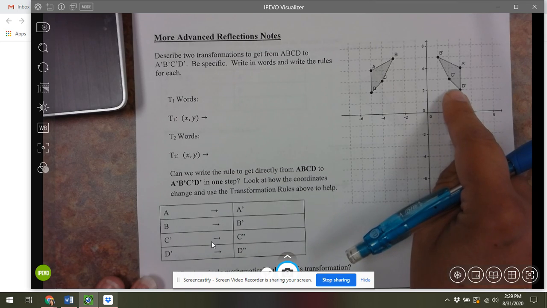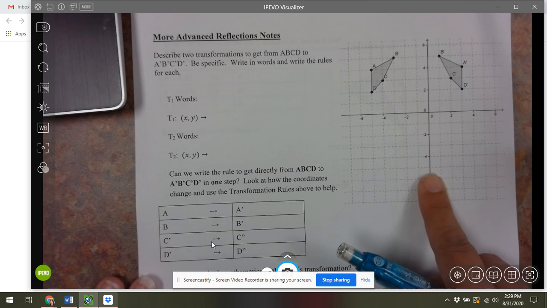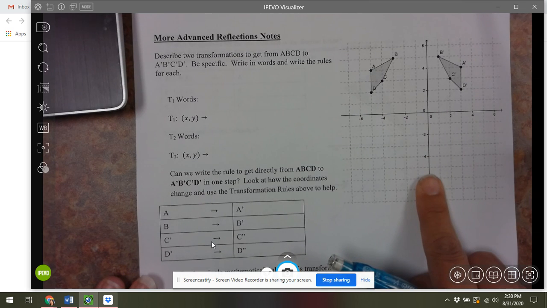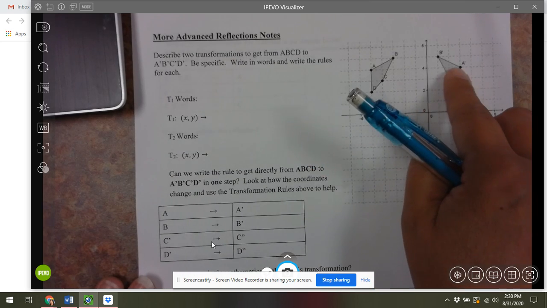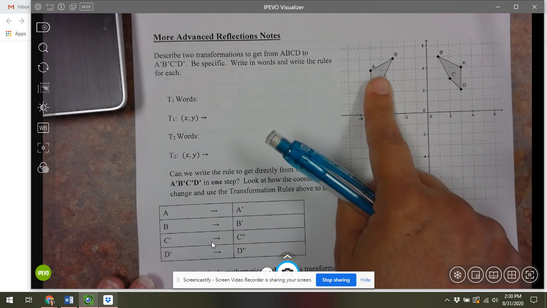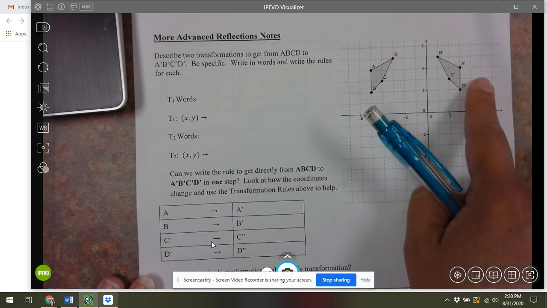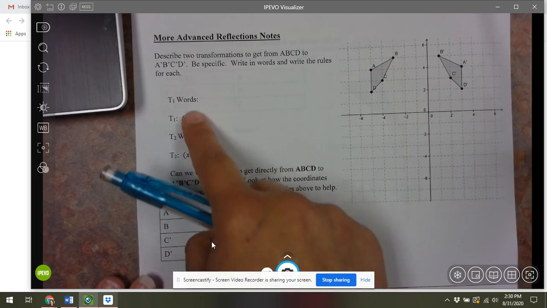You could think of this as a reflection, but it's not a reflection over the y-axis because the y-axis is not halfway in between the two. It's way closer to this one than this one. So another way you could think of it is you could reflect it over the y-axis and then slide it. So that's what we're going to talk about.